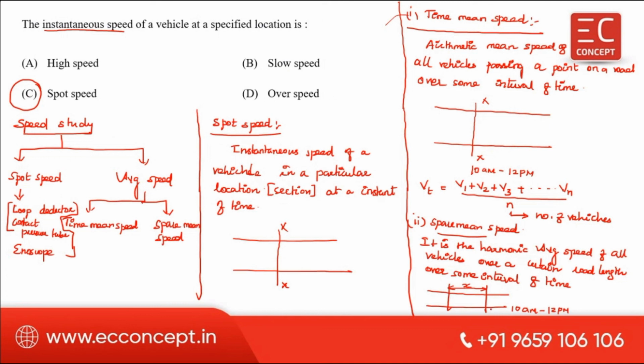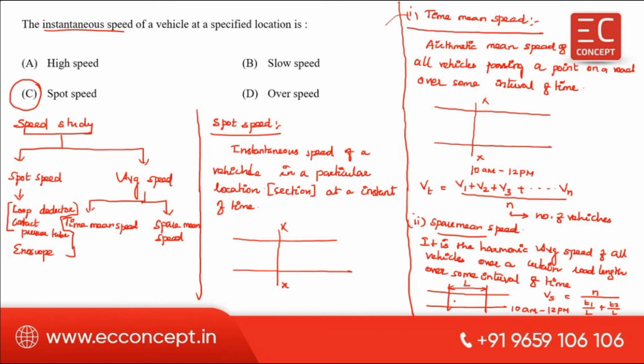Calculate all vehicle speeds, and the space mean speed is equal to n divided by t1 divided by l, the length is constant, plus t2 divided by l, and so on. What is t1 by l? It's a velocity, right? Let us consider x is equal to l.